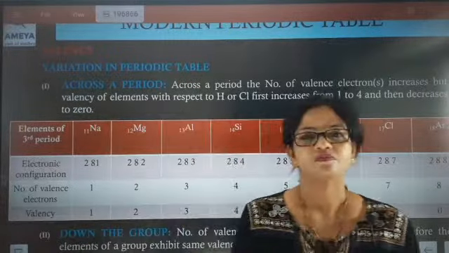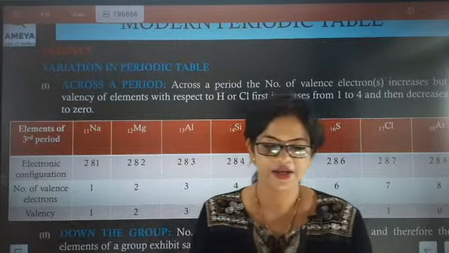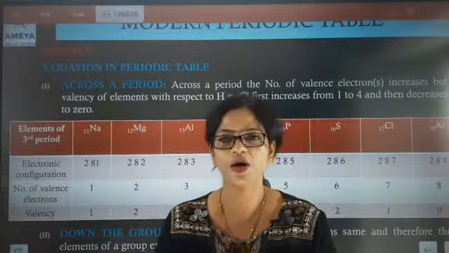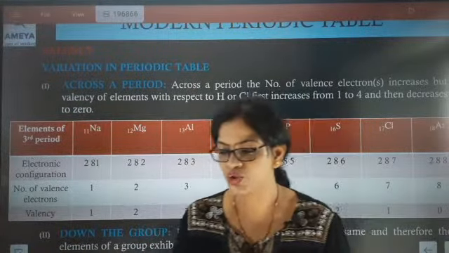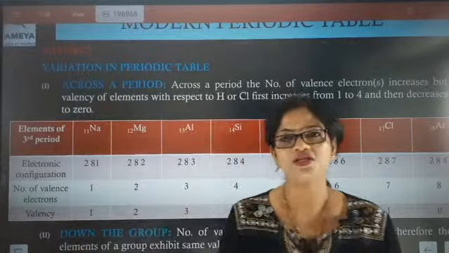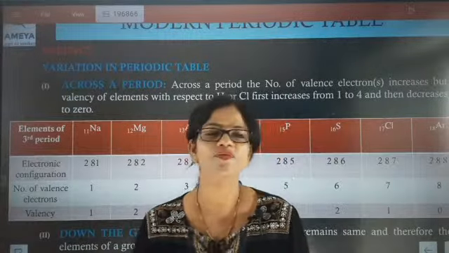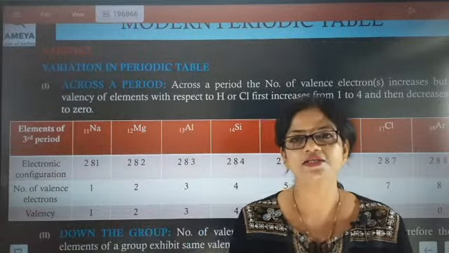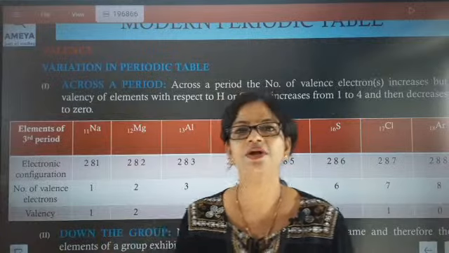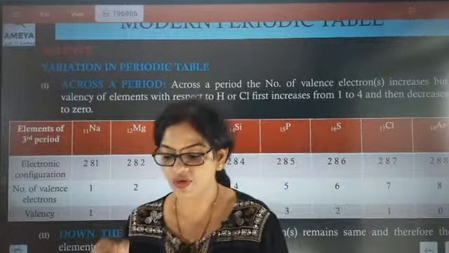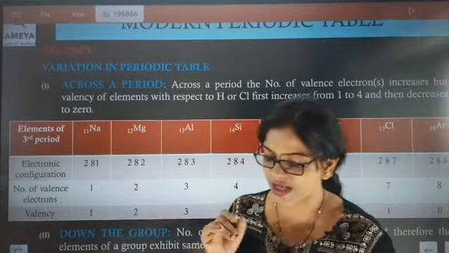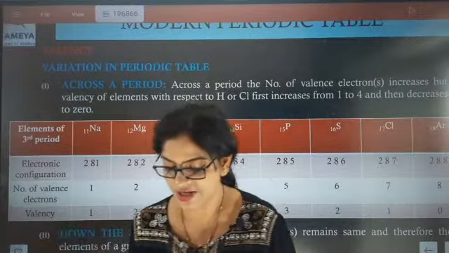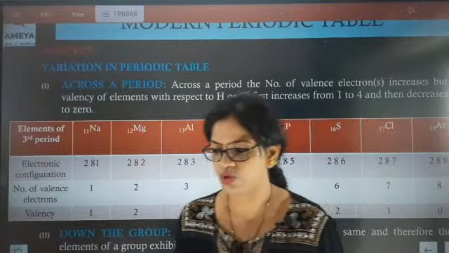Now first question is, atomic radius increases down the group. Statement is true or false. You have to listen to my statement and then you have to answer the question. You have to respond as quick as possible. Atomic radius increases down the group.